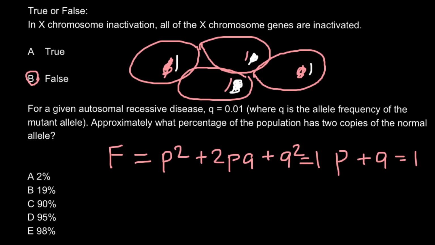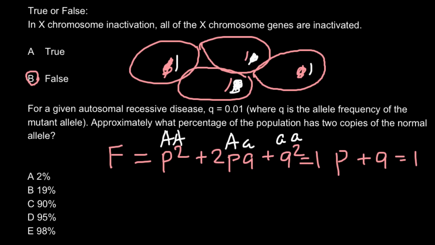As you see, we have three genotypes here, but only two alleles, P and Q. So this is going to be homozygous dominant, for example capital A would stand for the dominant. Here we would have heterozygous, and here homozygous recessive.